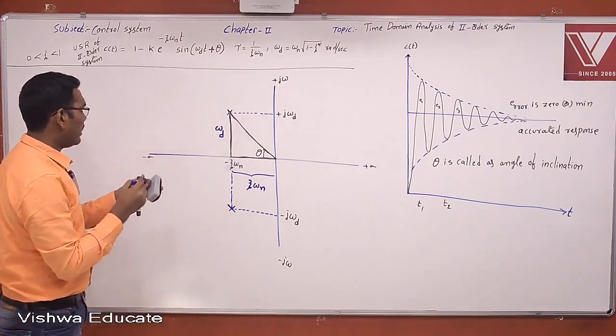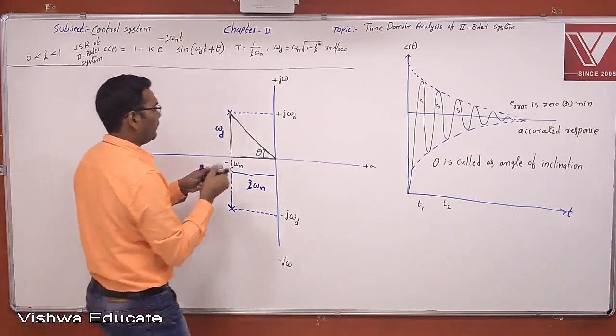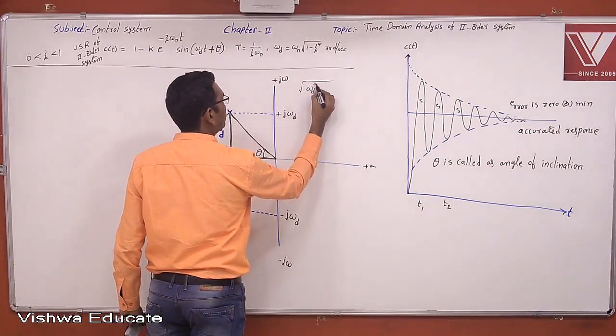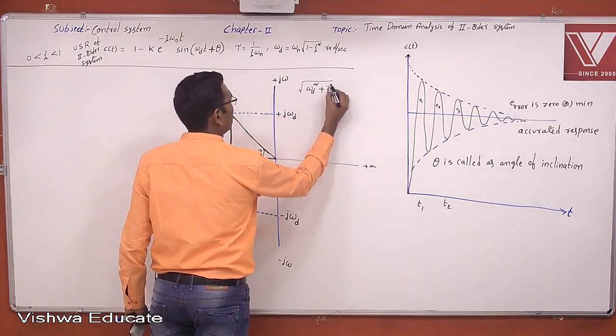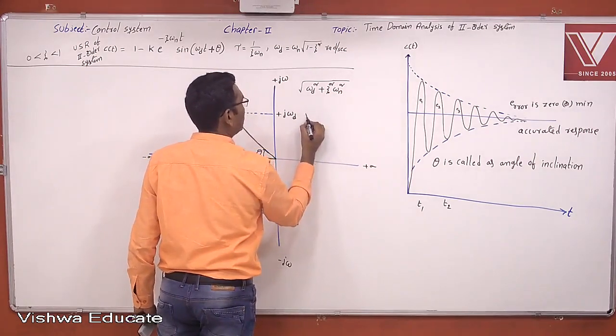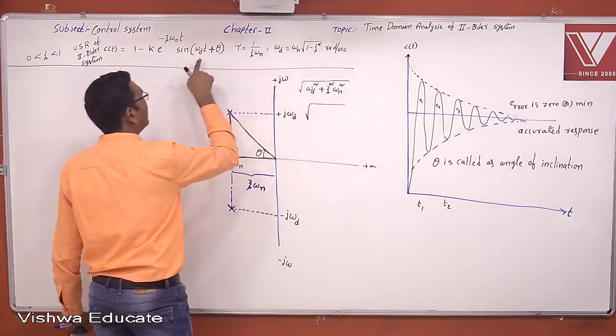That hypotenuse distance is nothing but square root of omega d square plus zeta square omega n square. What is omega d square?